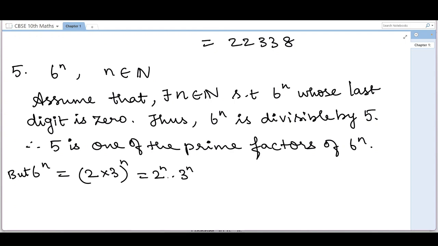Therefore, what we have assumed is wrong, right? Therefore, no such n in natural number exists so that 6 power n will have the value whose last digit is 0, right?